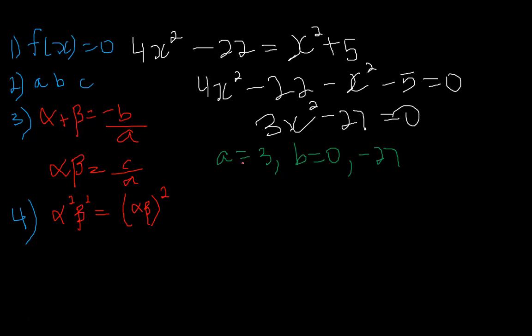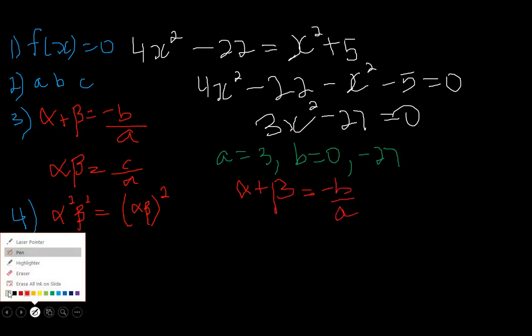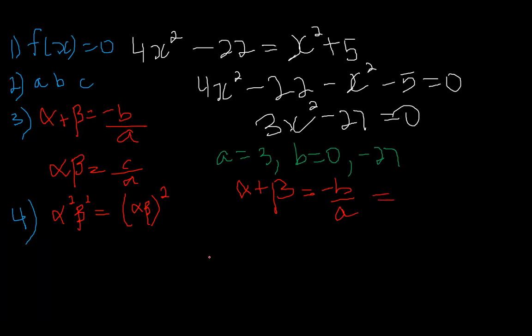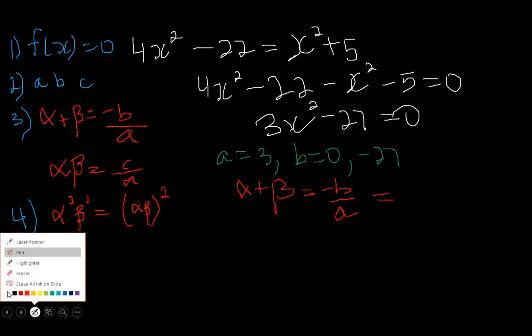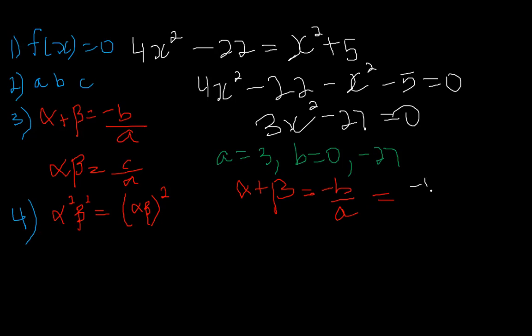Third step, you find your alpha plus beta and your alpha beta. So alpha plus beta is minus B over A, which in this case is minus 0 over 3.